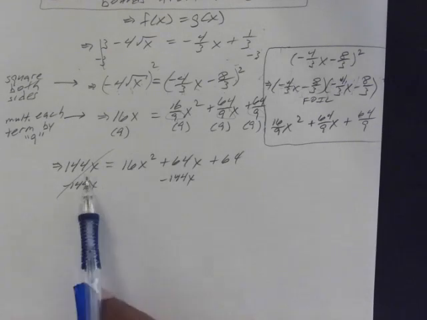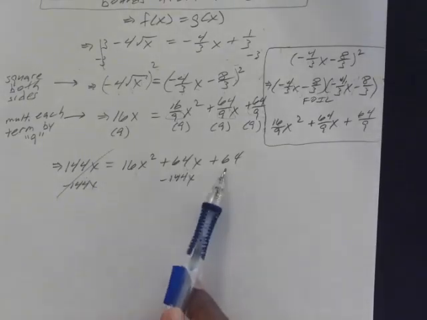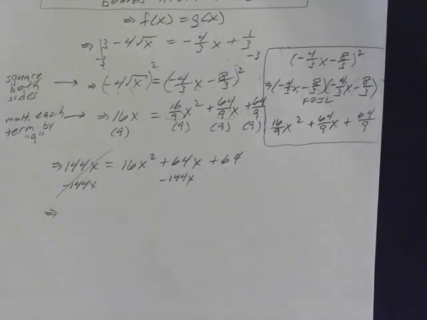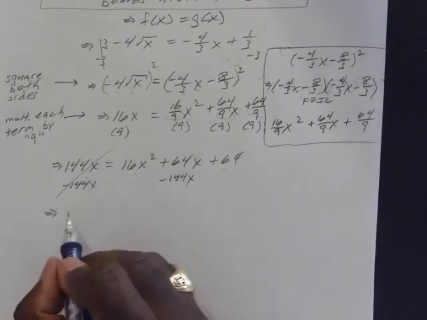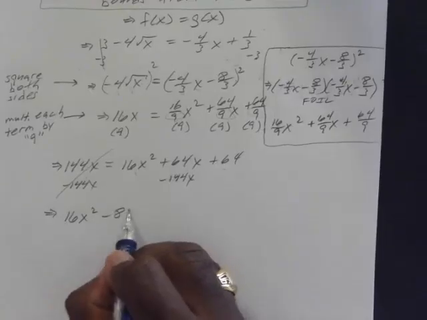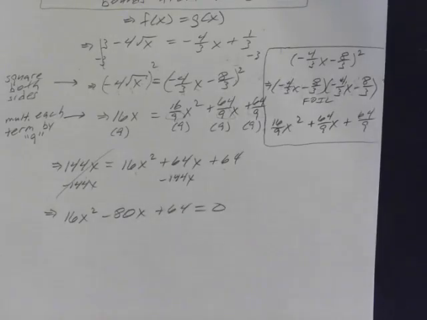Okay, so we end up with 0 equals 16x squared minus 80x plus 64. But I like having my variables on the left, so I'm just going to flip them around. You don't have to if you don't want to. Just make that 16x squared minus 80x plus 64 equals 0.